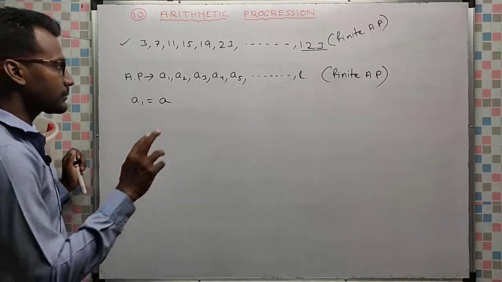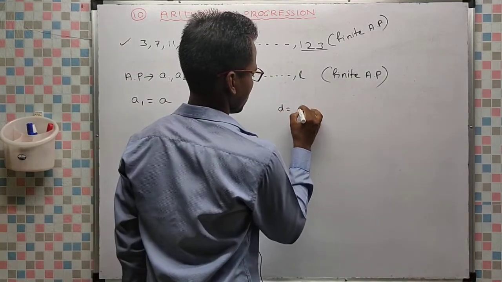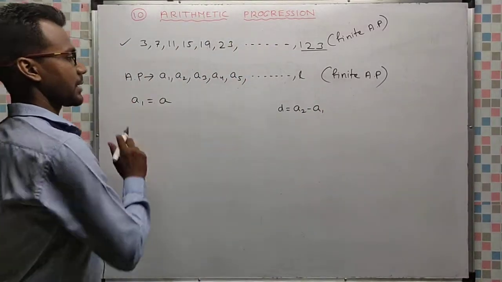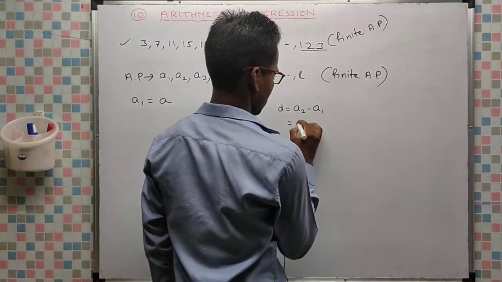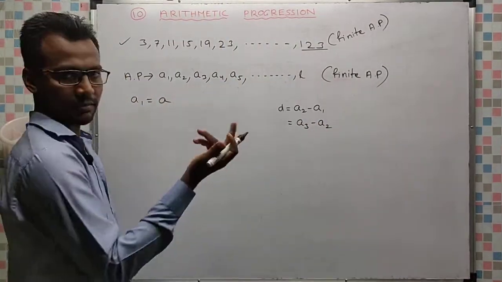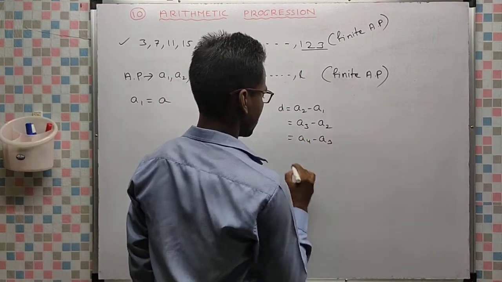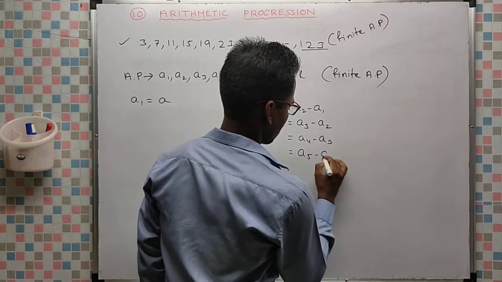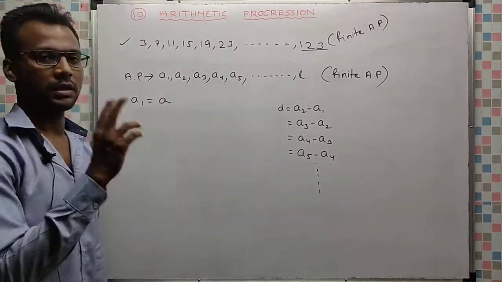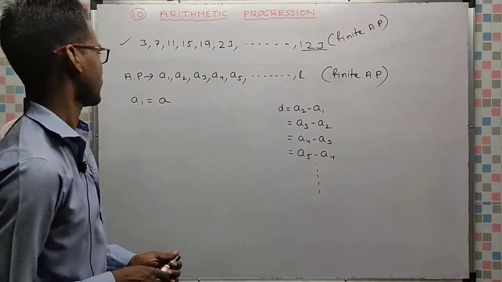Now d, the common difference, is equal to A2 minus A1, right minus left, or A3 minus A2, always right minus left, or A4 minus A3, or A5 minus A4. It will continue. The difference between any two consecutive terms is called the common difference, and it is a constant.